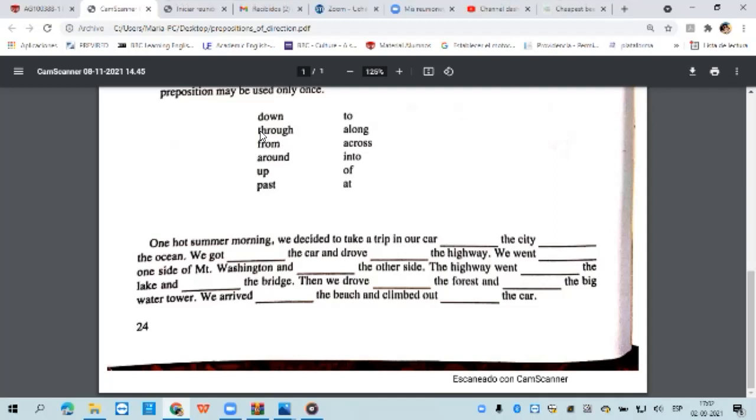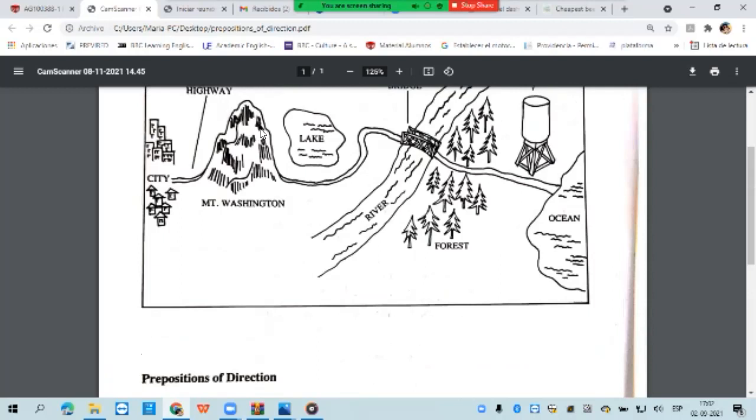Be careful. You have to look at the picture and describe the movement. Exactly, just the movement. We went up, we went down. Then this is the traveling. So around? Around, because there is a curve here. You see, we went around the lake.